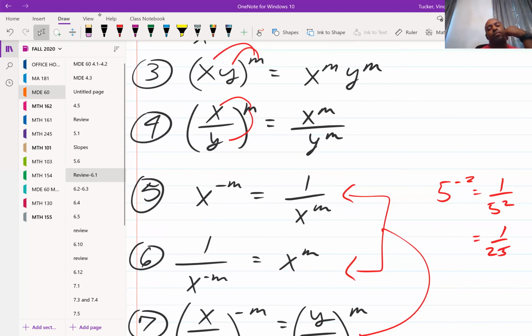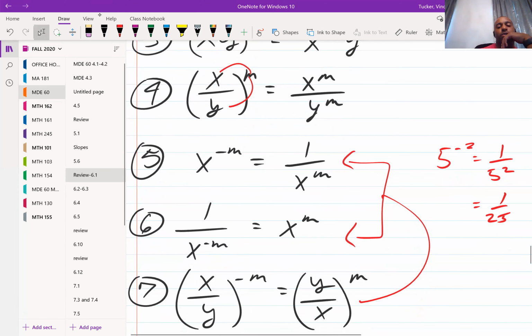Negative exponent. If I have a negative exponent, I can bring it down to the bottom to turn it positive. Bring it to the bottom of my fraction to turn it positive. And if it's in the bottom, I can bring it up top to turn it positive. So 7 is a result of 5 and 6 being introduced. If I have a fraction being raised to a negative exponent, in order to turn that into a positive exponent, I can just flip the fraction.